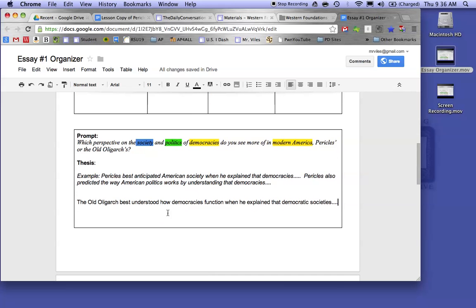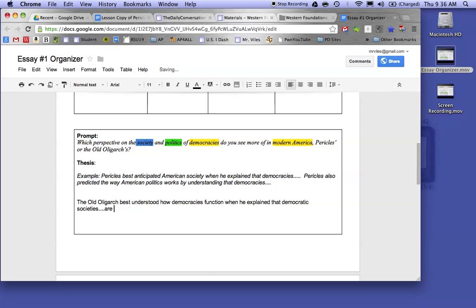Then I would finish this sentence by saying, understood that when he explained that democratic societies are best led by the upper classes who have better education and judgment. And that's how I would use the chart.